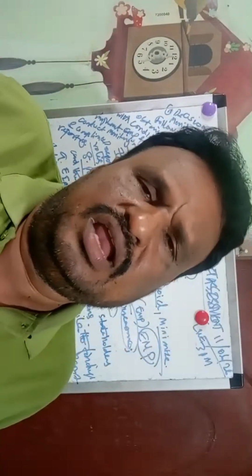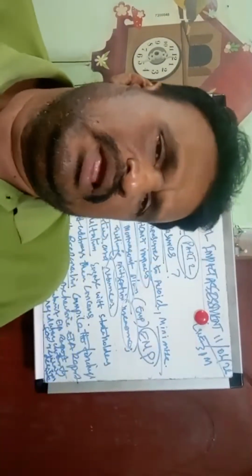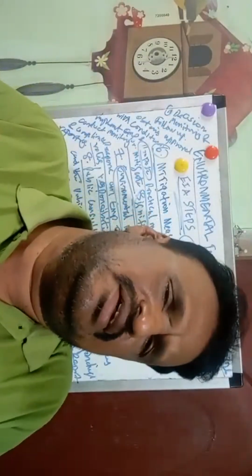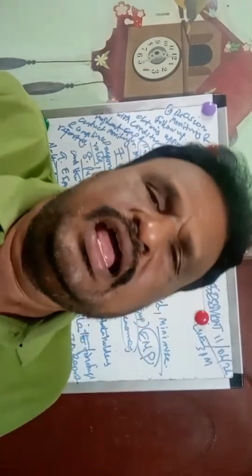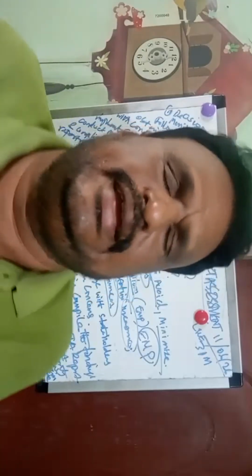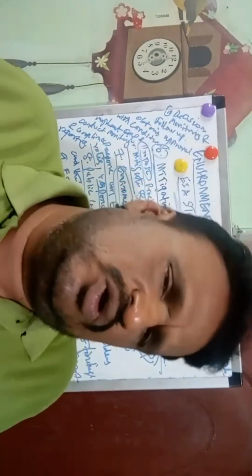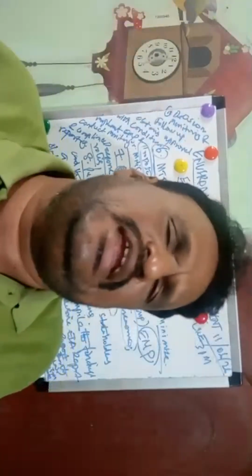What is the role of the EHS officers in EIA? What is the role of the safety manager in EIA, and how will he monitor? And the project manager, what will he do, and how will he monitor?